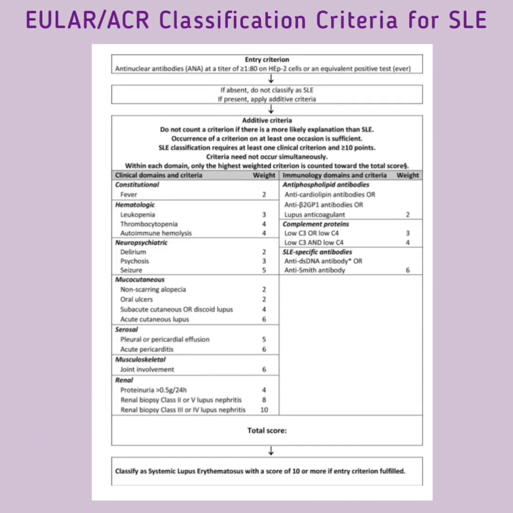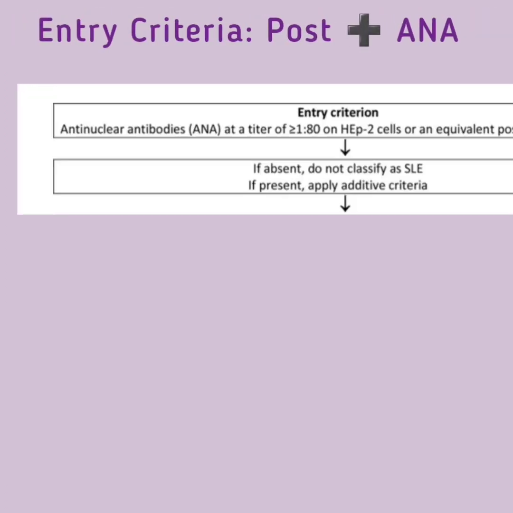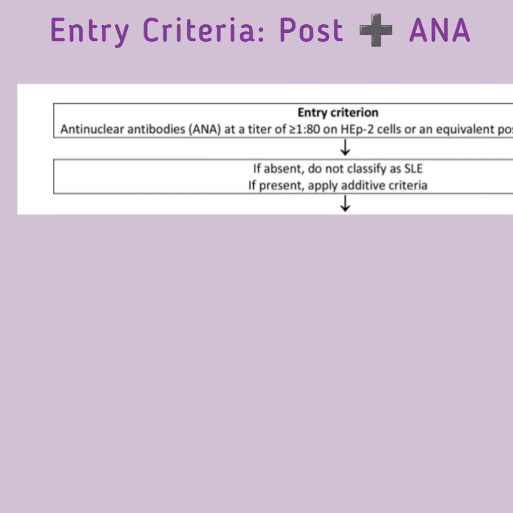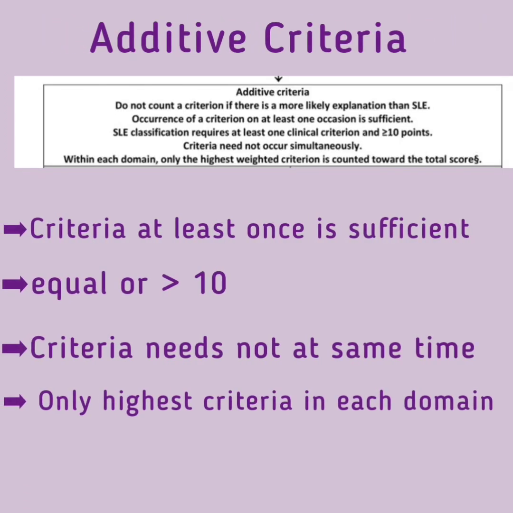This brings us to the new classification system, and it's done according to this document. The entry criteria is an ANA of 1 to 80 or higher. Additive criteria: the criteria must be met at least once in your journey, and the score must be equal or higher than 10.